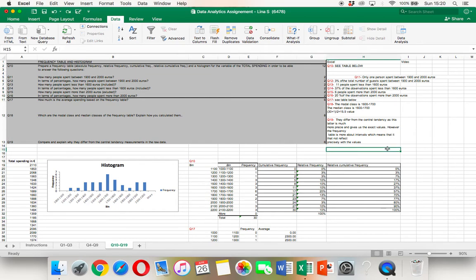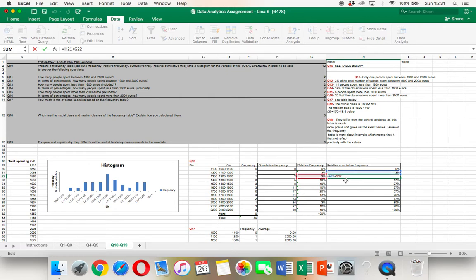Okay, it's done. Then for the relative cumulative frequency, it's the same process as the cumulative frequency. The only difference is the fact that here it is about percentages. So it was this cell here plus this cell here, and same, this cell here plus this cell here.